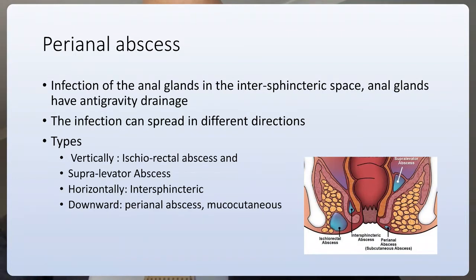And we've got the internal sphincter muscles in here, and that's the external sphincter, and there's a space between them. And in that space the perianal glands are situated, and they get infected, and the infection can spread to lead to a variety of other abscesses or eventually to formation of a fistula.